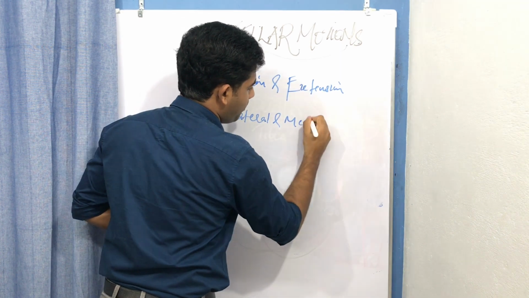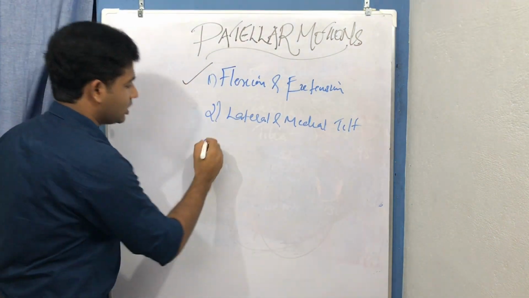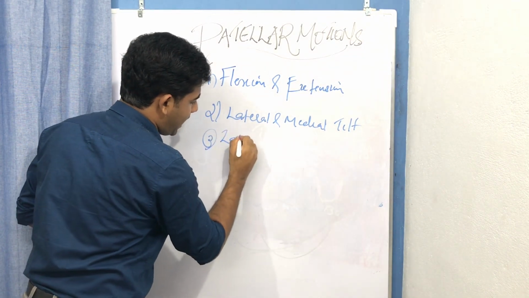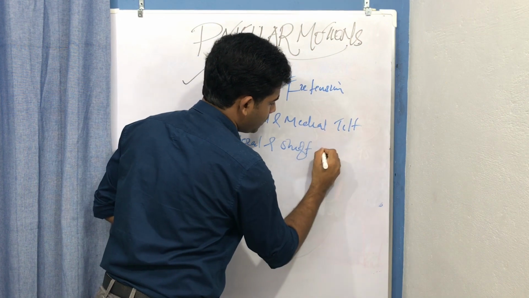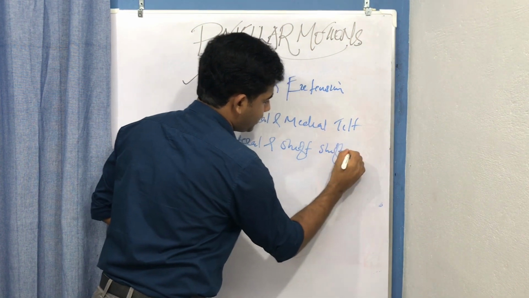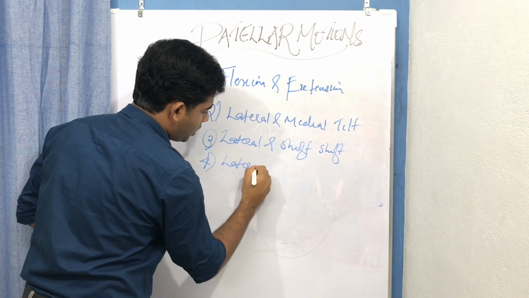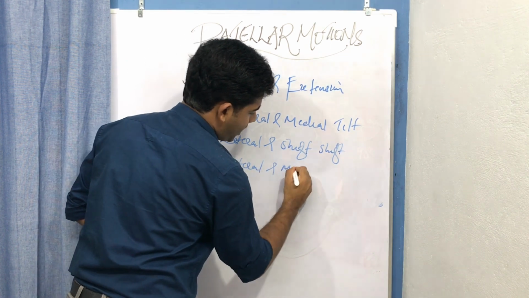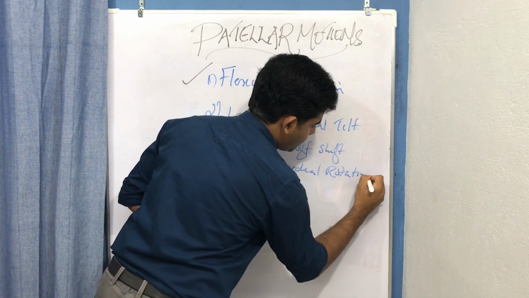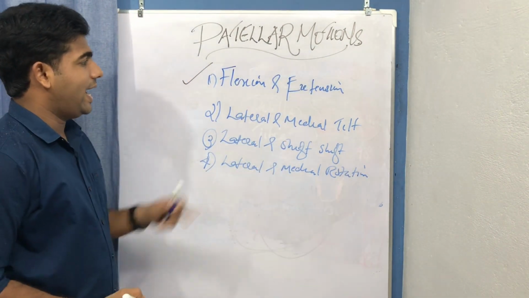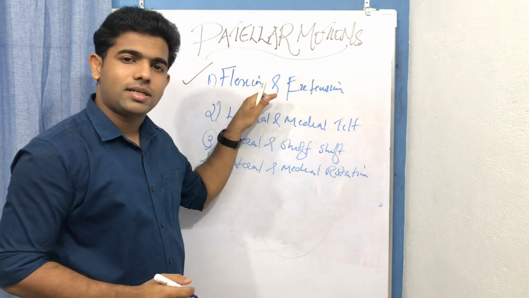The third motion is lateral and medial shift. And the fourth motion is lateral and medial rotation of the patella. So it has about 8 different movements as a combination of 4 motions.